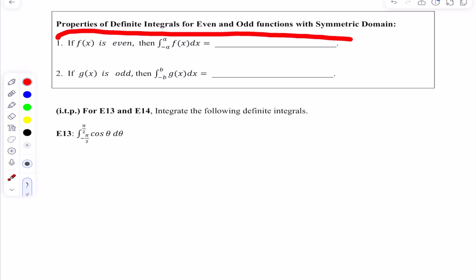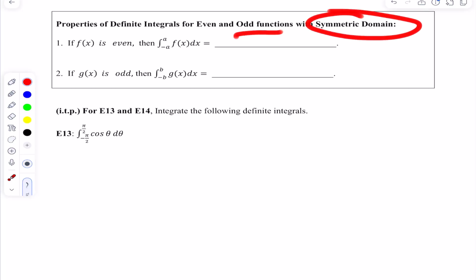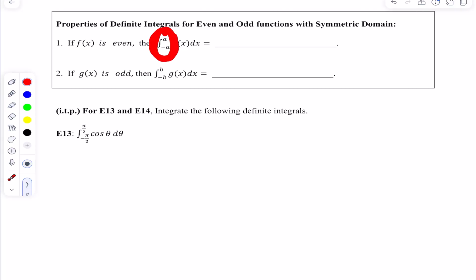The properties of definite integrals for even and odd functions with symmetric domain. So that is really key with these properties here. Notice the domain has to be symmetric. That means it has to be left a certain amount of units of the origin and then right a certain amount of units.